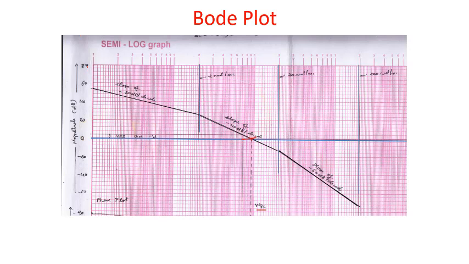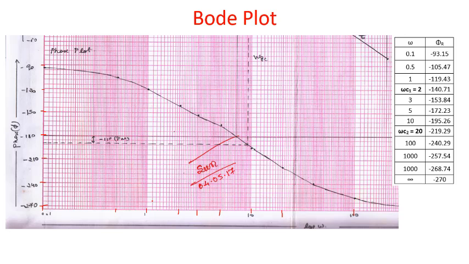The phase plot will be quite below this magnitude plot. So I'll show you the phase plot. Here first, memorize or note these values. This will be there in your book itself. I have brought it here just to make you understand these values.